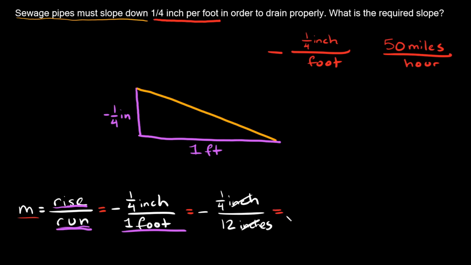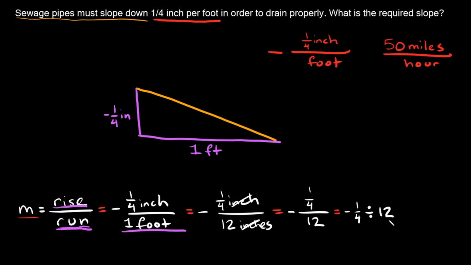So this is going to be equal to negative 1/4 over 12. Whenever I'm dividing fractions, I like to write it out a little bit differently, as negative 1/4 divided by 12. Now how do you divide fractions?